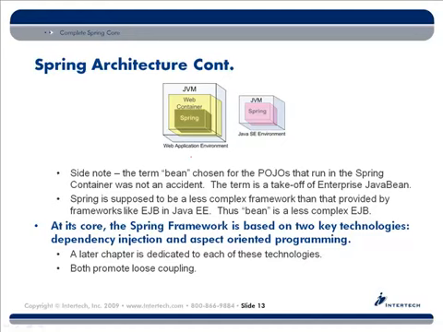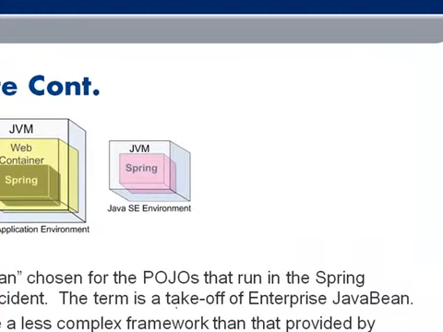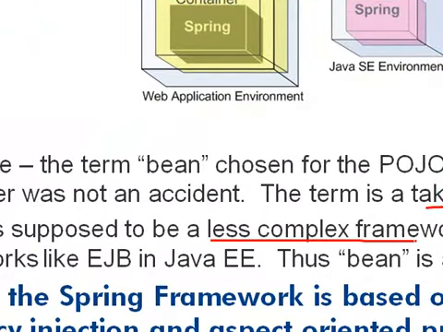As I mentioned, the term bean here that we use, Spring Bean, was not chosen by accident. The term Spring Bean, again, is a takeoff on the idea of Enterprise JavaBean. Mr. Johnson and company felt they wanted a less complex framework and therefore a less complex type of EJB component to build our enterprise applications with.